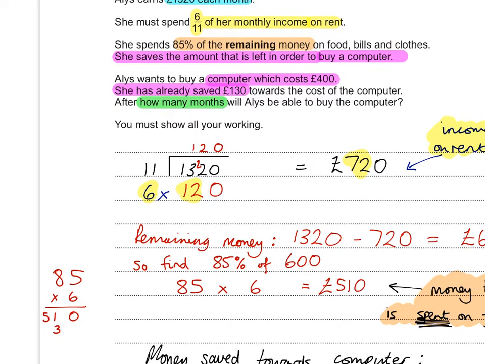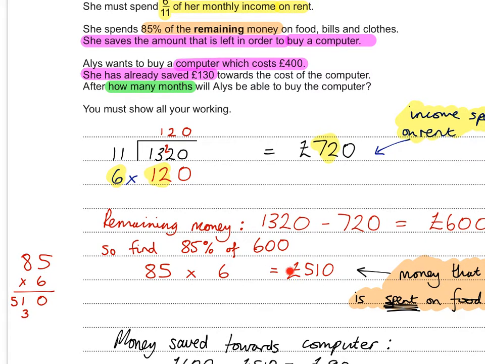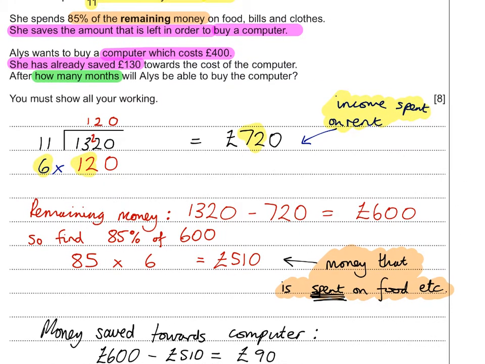You can see by the side I've done that by multiplying. But Miss said to Lloyd, you could find 50%, then 10%, 5%, 20%, and put all those together to get 510 a different way. Absolutely fine. There are loads of different ways to find percentages, whichever one works best for you. Again, I've put the pound sign there, and referenced that it's money spent on food and so on.